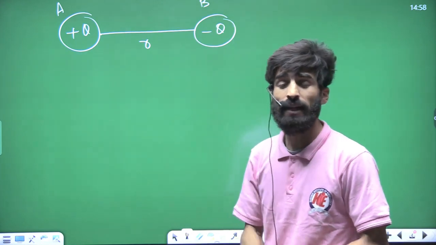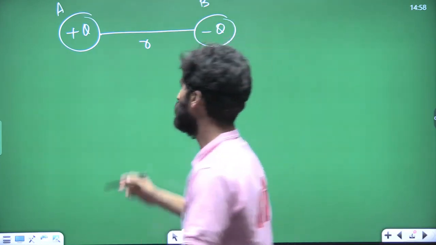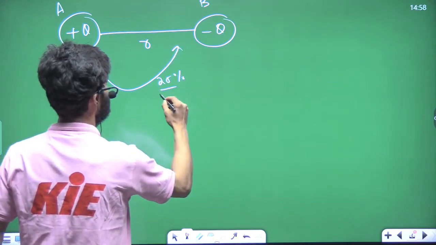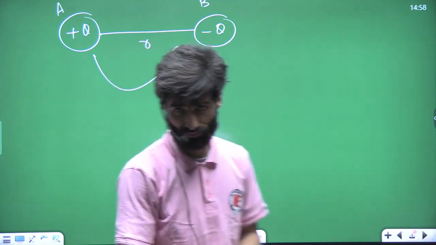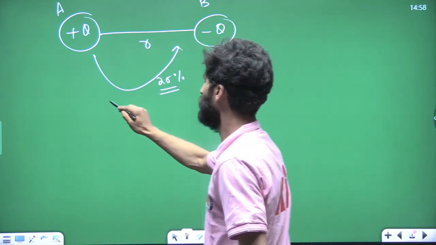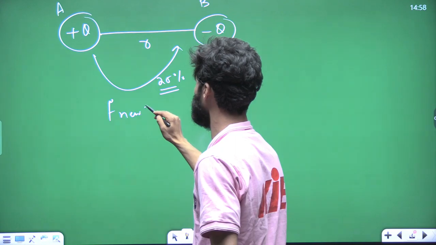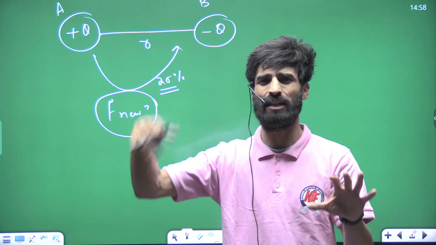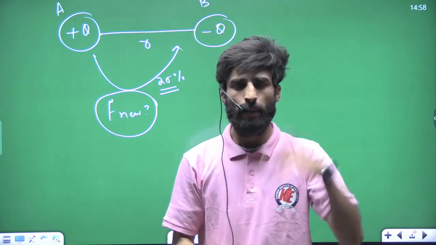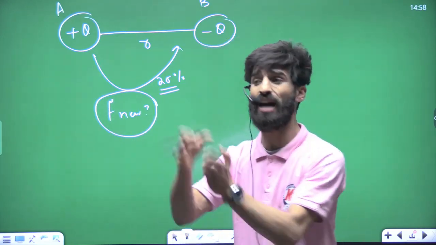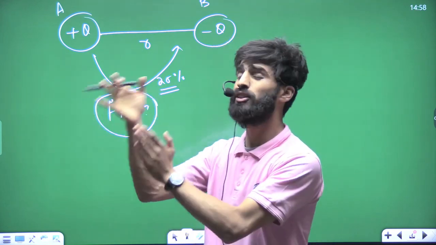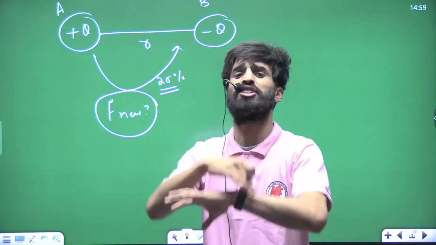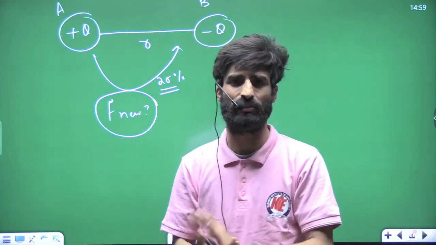The examiner is asking: if plus q shares 25% of its charge with minus q, then what will be the new force between these two charged particles? After the sharing of charge, what will be the new force between them?